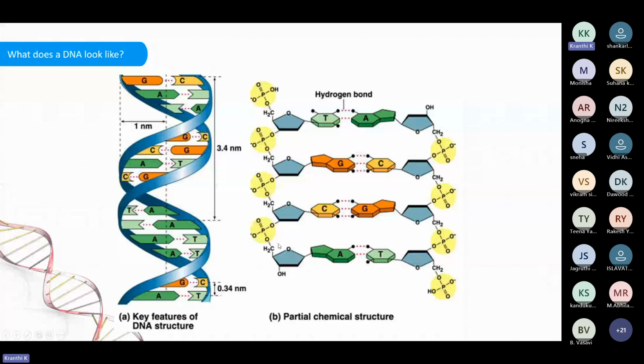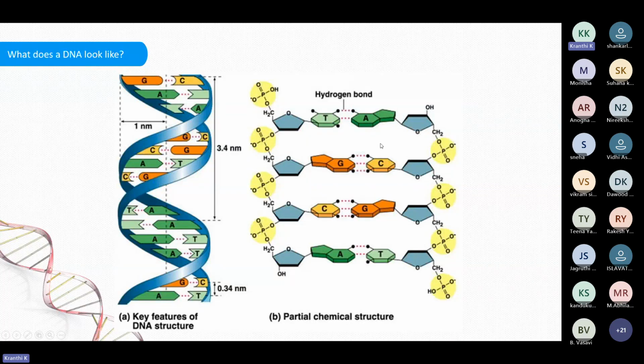So what is this structure called? It has multiple nucleotides, right? This is one nucleotide, this is one nucleotide, this is one nucleotide. It's a chain of nucleotides. This is a double stranded one, so opposite to this nucleotide, one more nucleotide is linked.